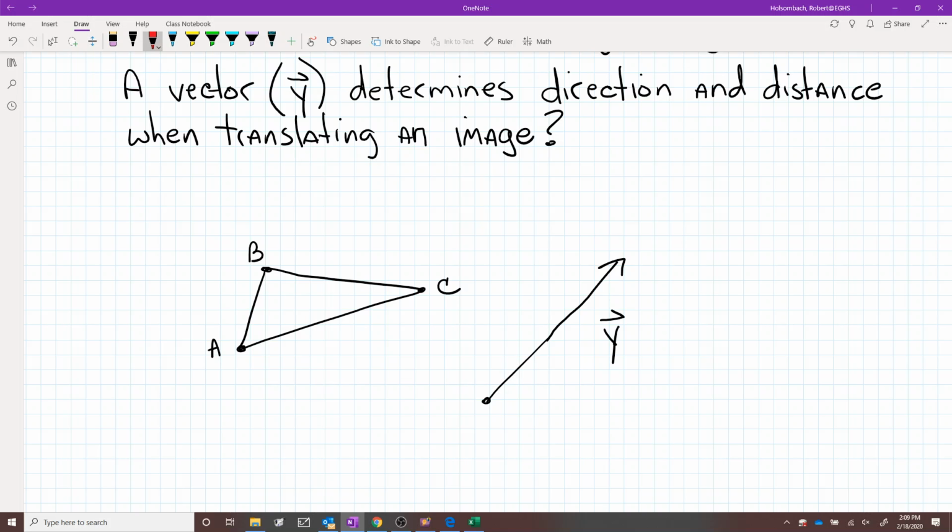So it's almost like if you could copy this vector and then paste it on point C, well then point C prime would probably be about here. Agreed? And then if you copied it and pasted it on point A, I'm guessing it would be about here. And if you did the same thing to point B, B prime, and then you could connect those vertices.